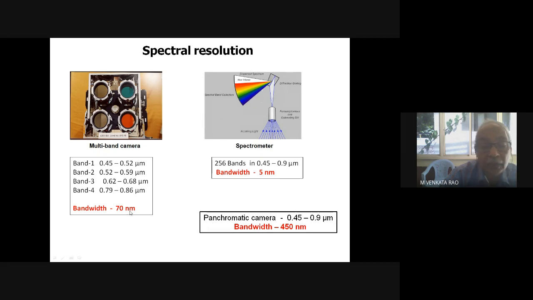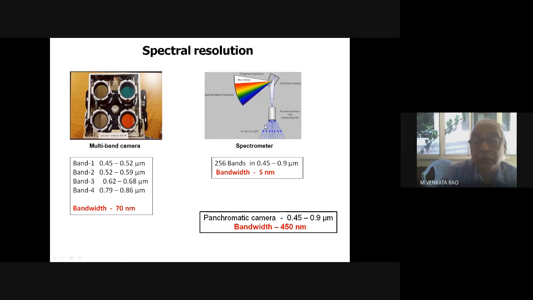So they narrow the band. The resolution also depends on that. Here you have a very large bandwidth of 450 nanometers. So this is how panchromatic cameras, normally 1 meter, half meter resolution, imaging will be done with high resolution in panchromatic camera bands.